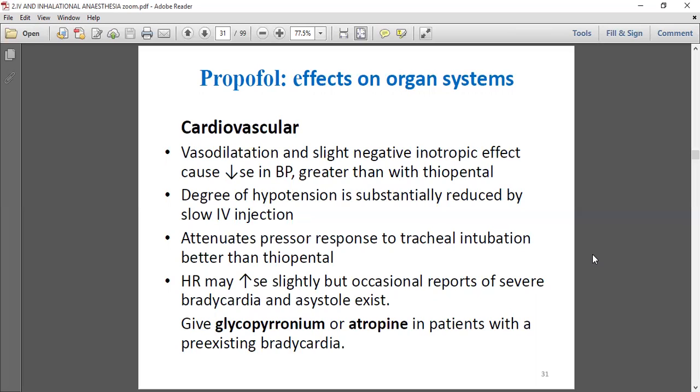It attenuates pressure response to tracheal intubation better than thiopentol. Heart rate may increase slightly, but occasional reports of severe bradycardia and asystole exist.